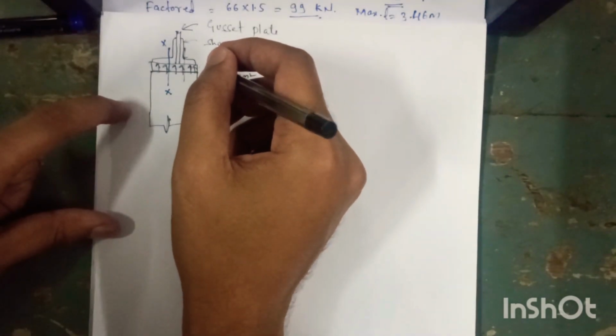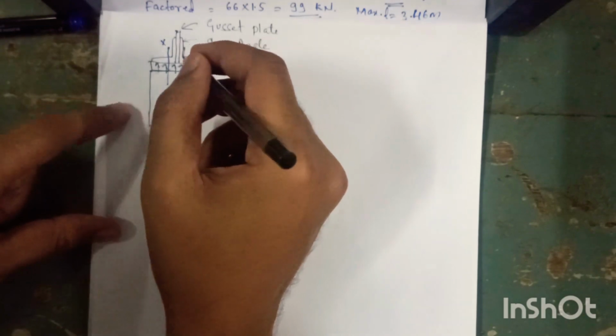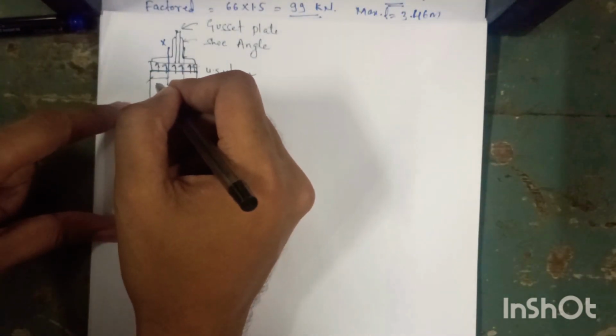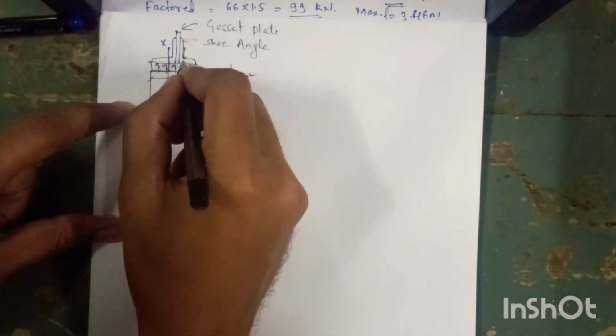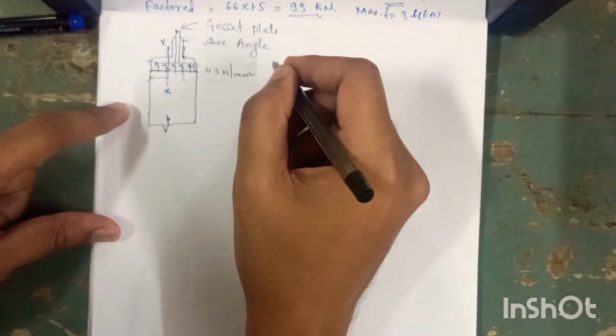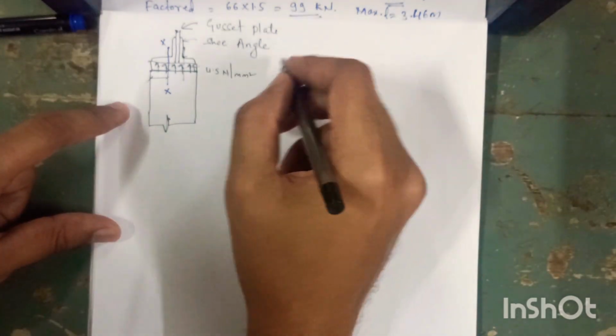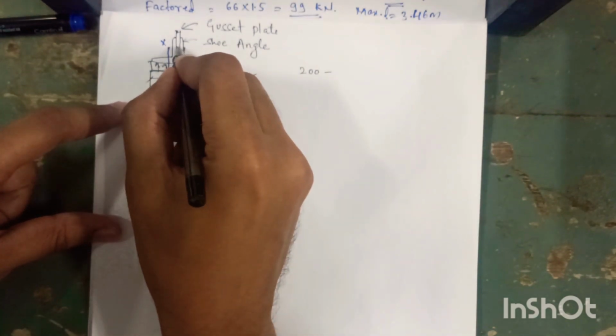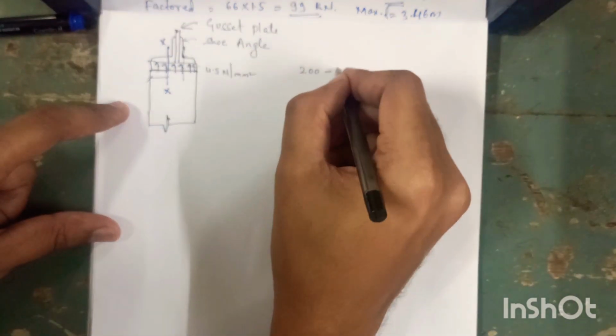Now we also have to calculate the total cantilever length, which is the total width 200 minus the gusset plate thickness, which is 10 mm.